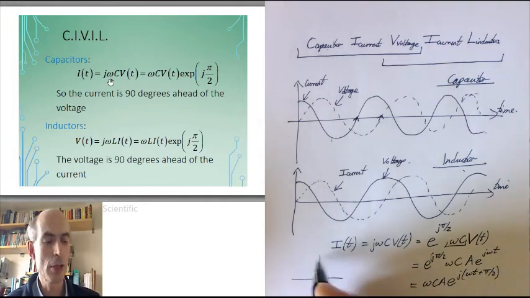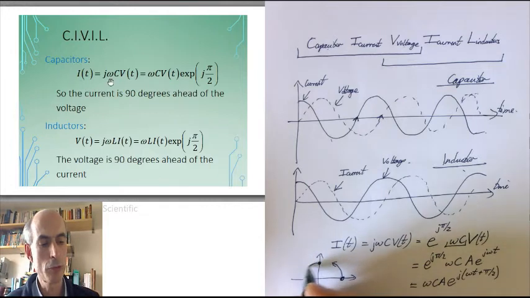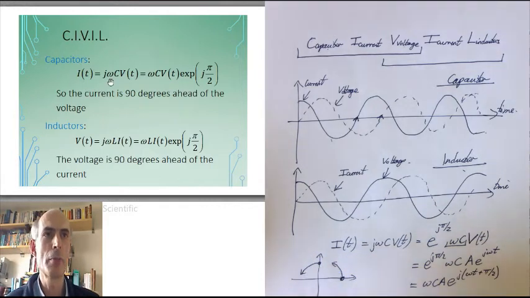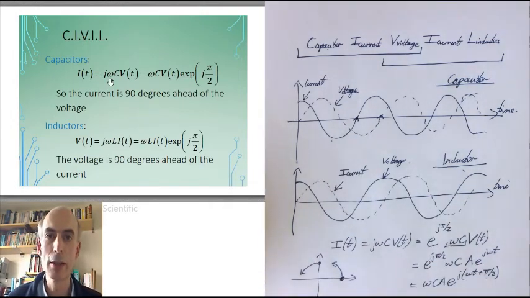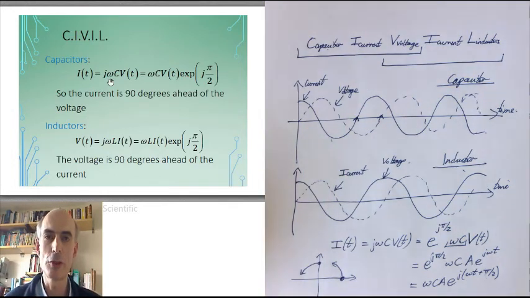So at time t equals 0, if the voltage was here, the current would be here. And as the voltage moves round, the current would move round and always remain pi over 2 radians, 90 degrees, ahead of the voltage. For an inductor, it's the other way around. CIVIL is just a convenient mnemonic to quickly remember whether the current is going to be leading the voltage or the voltage leading the current.